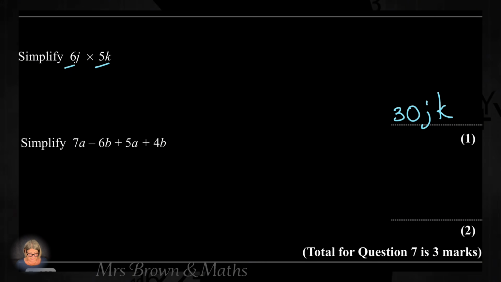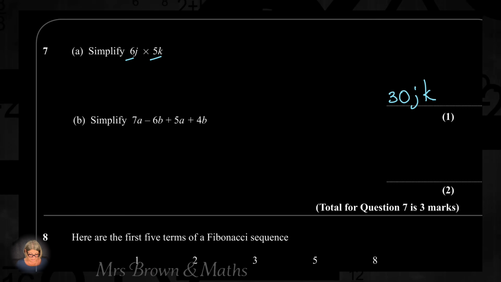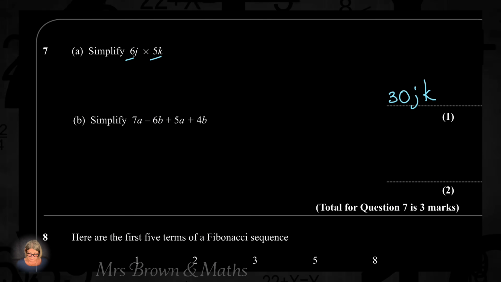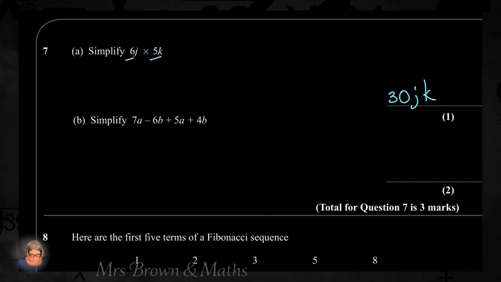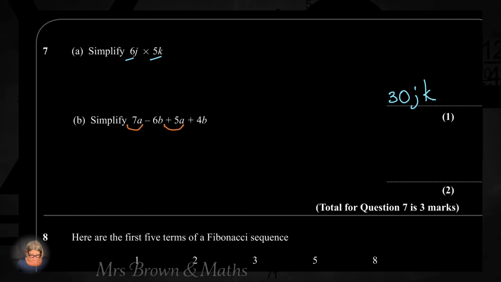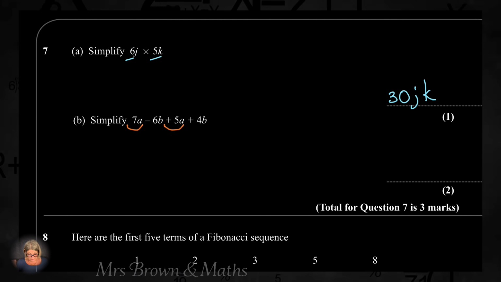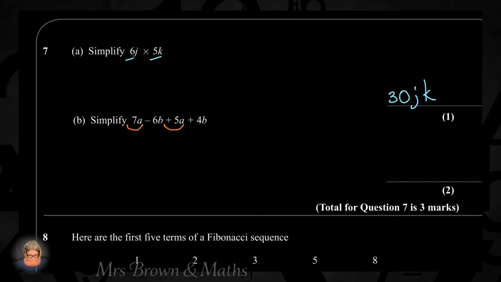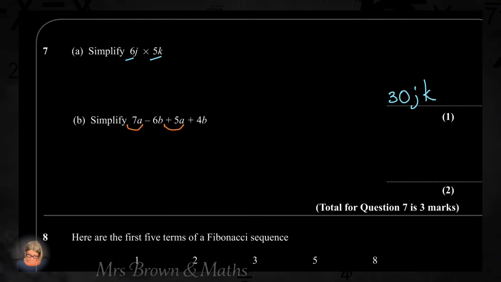Simplify question B. So what do we have? Like terms. So a goes with a, 7a plus 5a. Don't forget the sign plus or minus goes with the following term. So 7a plus 5a will be 12a.